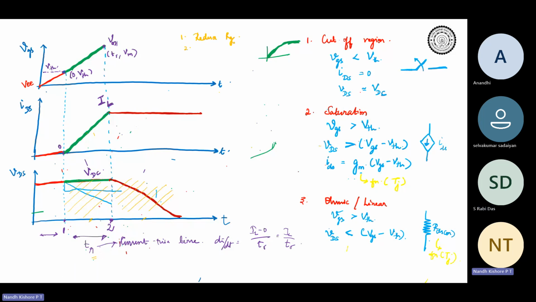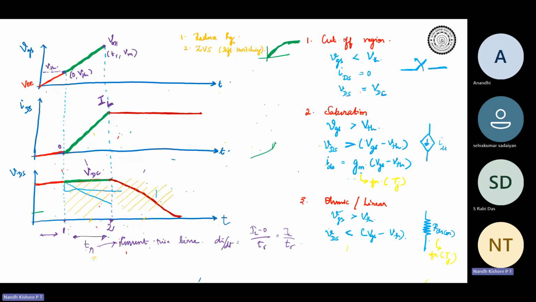The second one is what is known as zero voltage switching, or people call this soft switching. In ZVS, what you try to do is avoid this overlap.